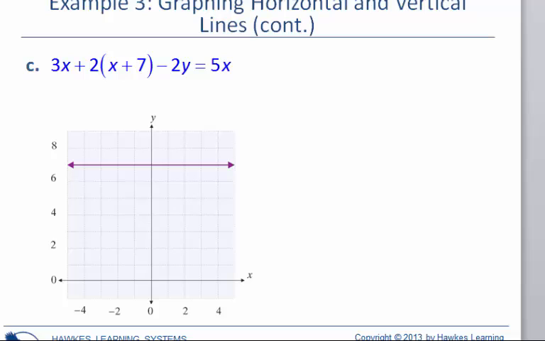So let's begin by taking this 2 and distributing it through the parenthesis. So that's going to give me 3x plus 2x plus 14 minus 2y is equal to 5x.